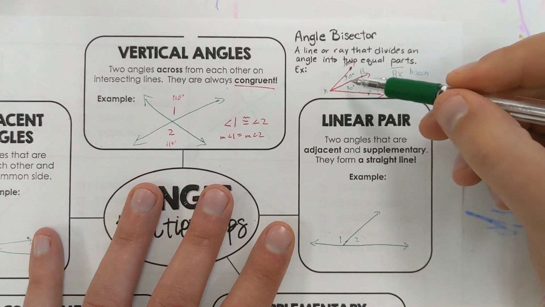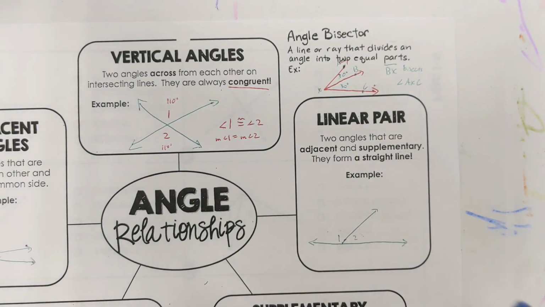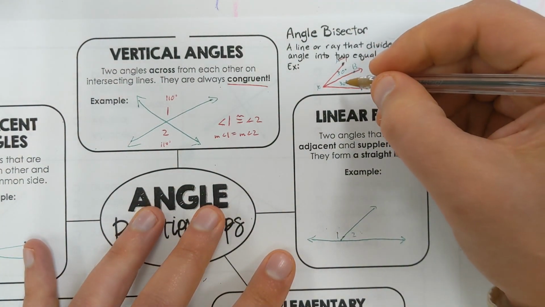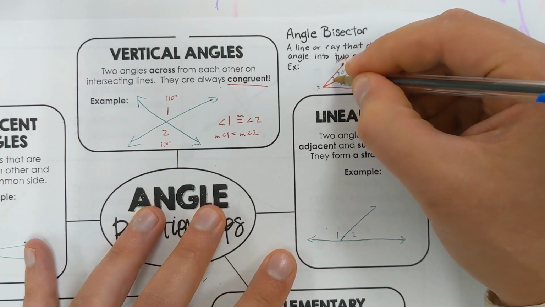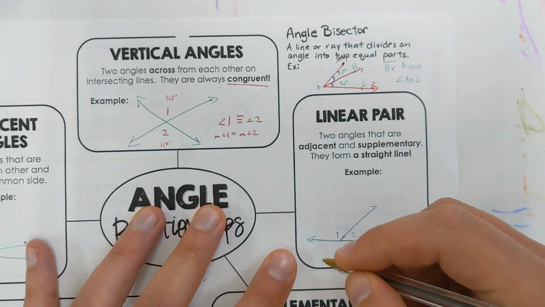So if it's bisecting the angle, it's cut into two equal parts. To mark that, here's something important to know. To mark that two angles are equal, we make a little arc inside it like this. That's how we show two angles are equal.